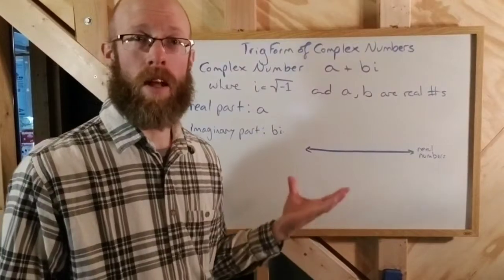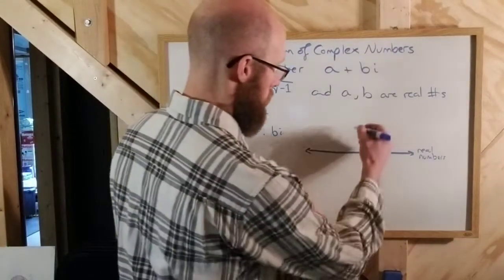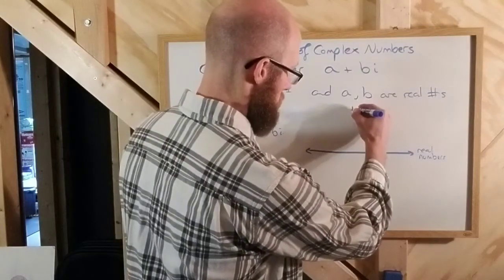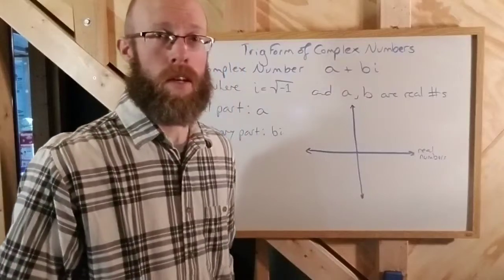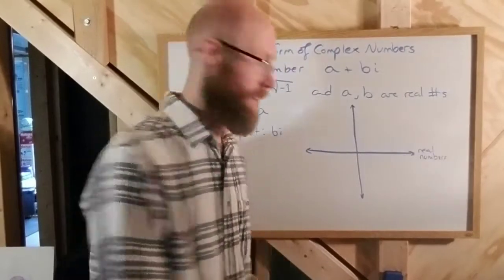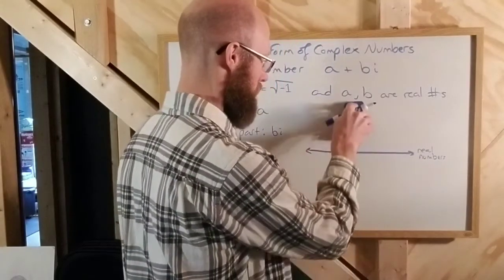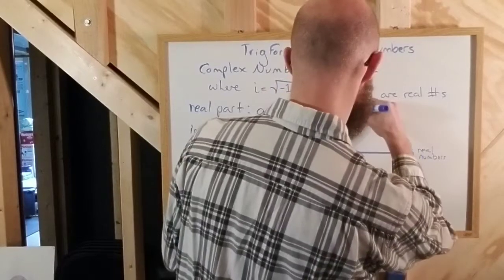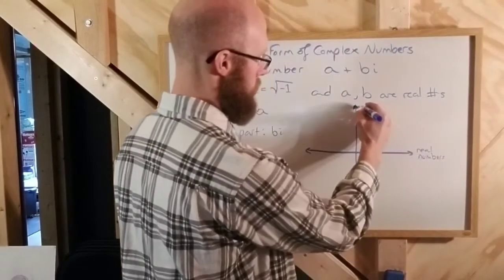So we need another number line to give us the imaginary numbers. We're going to make that number line perpendicular to the real number line. It's going to look a lot like the xy axes. It's not very perpendicular, is it? Bad drawing, I suppose.